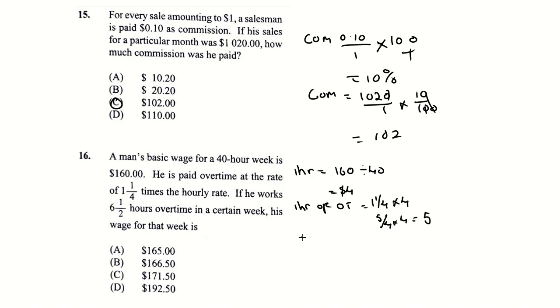Right? So if he works for 6.5 hours of overtime, it would be 13 over 2 multiplied by 5 over 1, right?